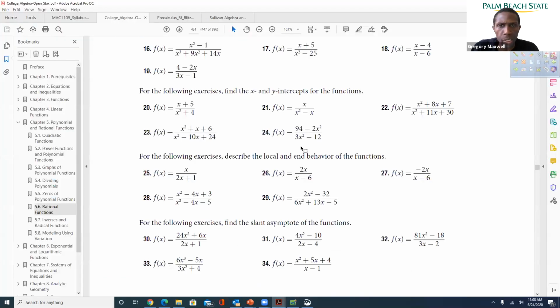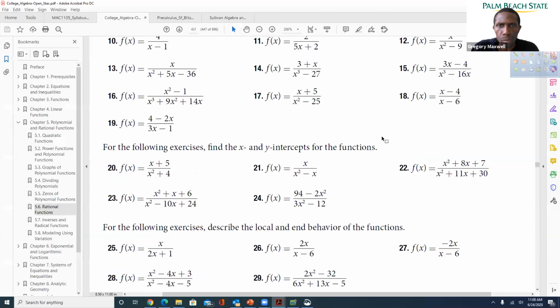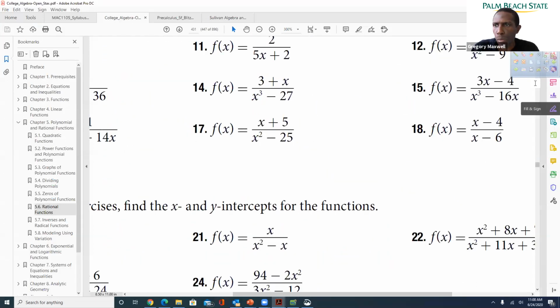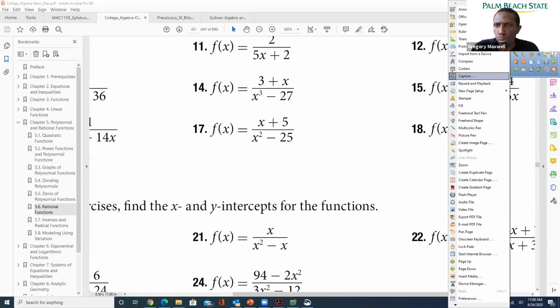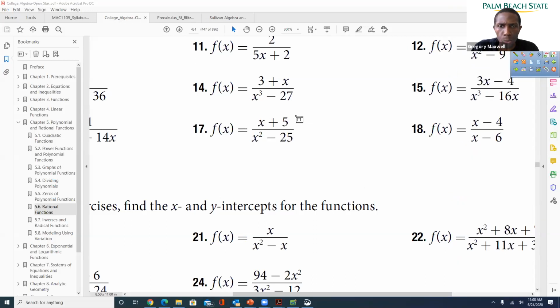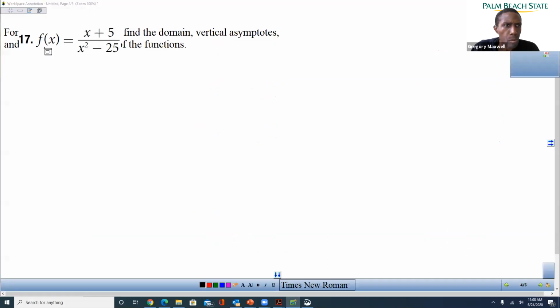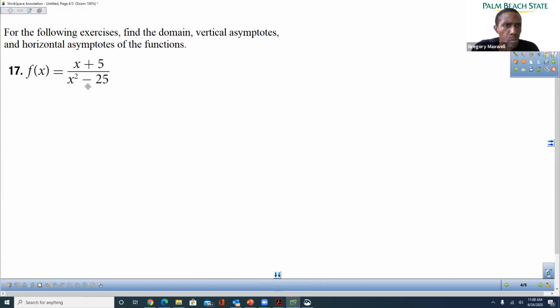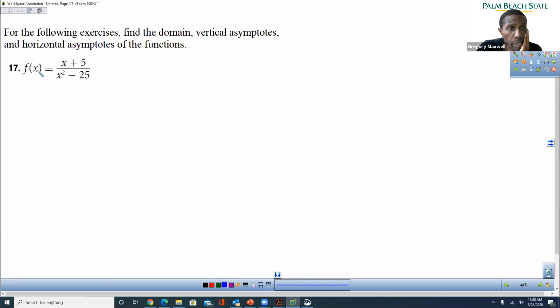First, number 17. The first thing you want to do for number 17, it says find the domain and the vertical asymptotes and the horizontal asymptotes. So first, for f of x, set the denominator equal to 0.